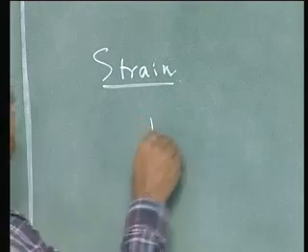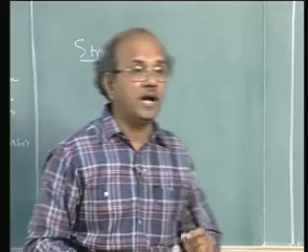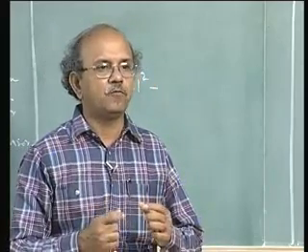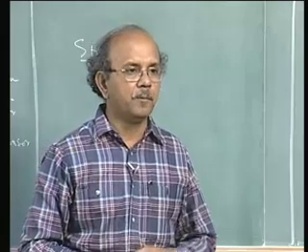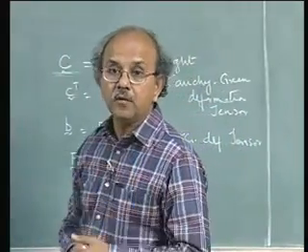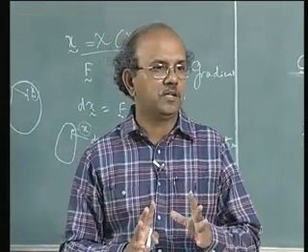Before we do that, we will still stick to the concept that we are looking at strains as something to do with lengths of a material line element. Remember that when we define strain in our undergraduate programs, we define strain to be just change in length by original length.